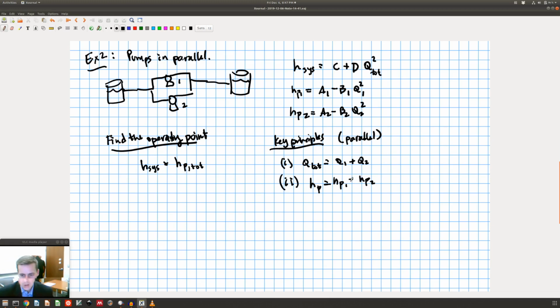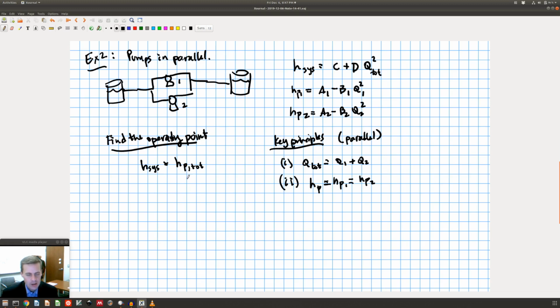The head to each pump has to be equal in parallel. Let me restate the key principles to make sure. In parallel, the flow rates sum, because I have two different branches. But the head has to be equal, so I have to have the same head through that branch as through that branch.